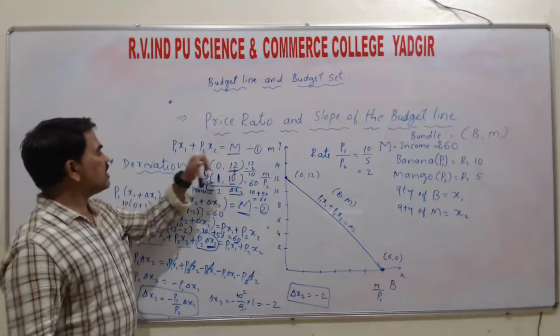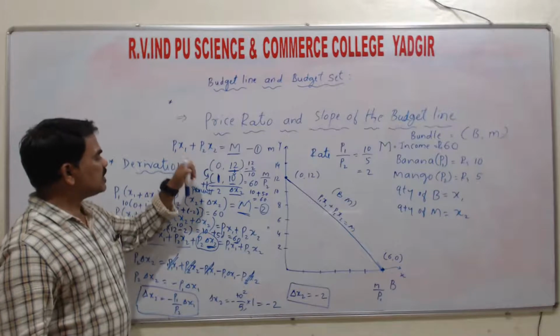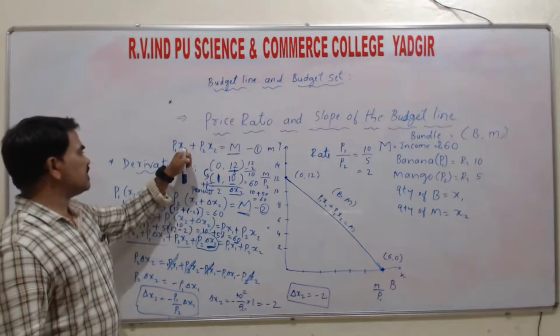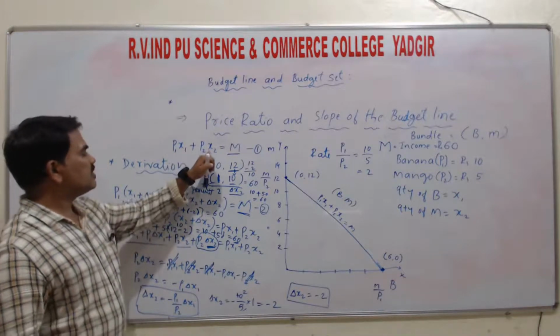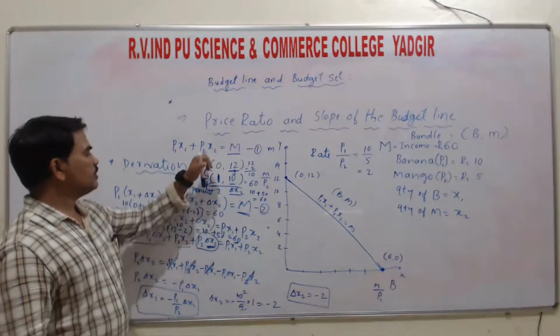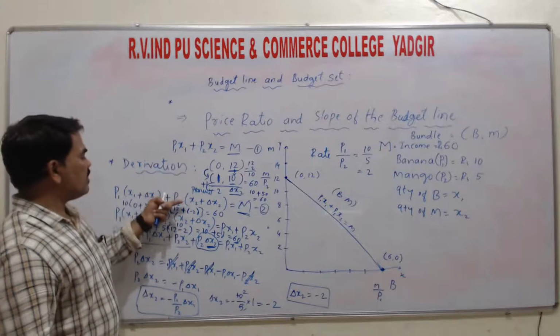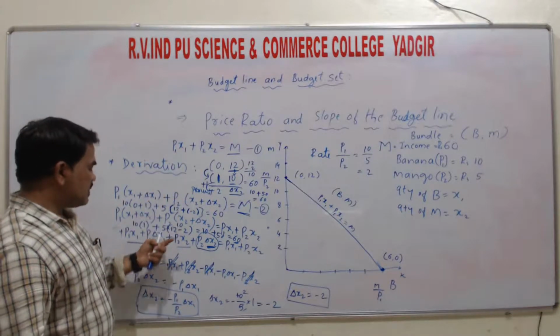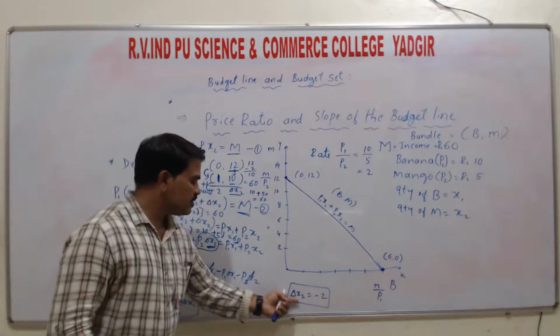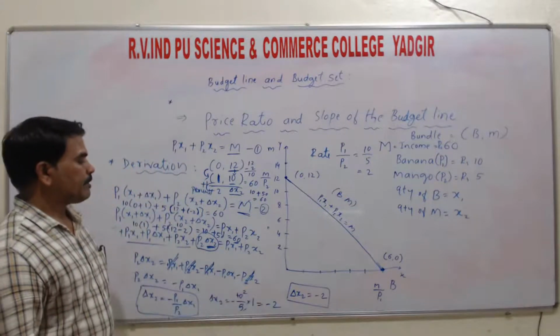We know this, and in this quantity, what is the change we are making? We will mention that extra: delta x1 here, delta x2. These are the changes we are mentioning here. If we put this equation together, then we will get this change in the quantity of mango.